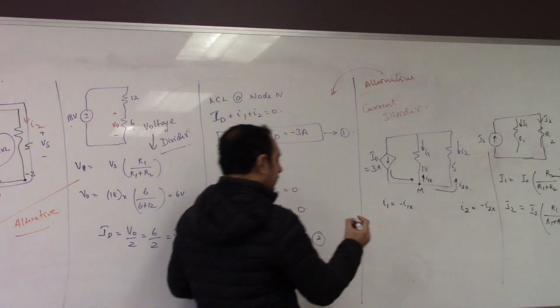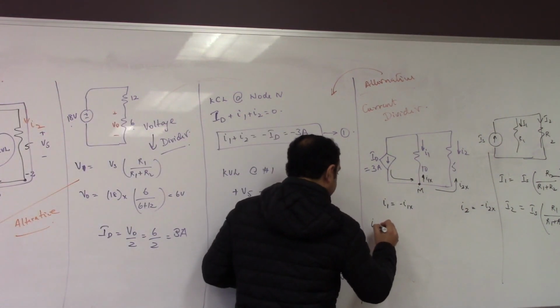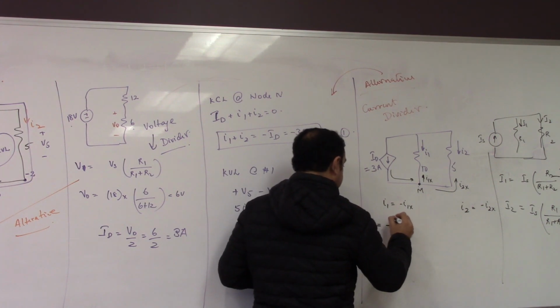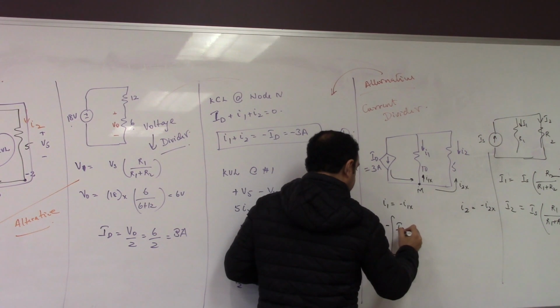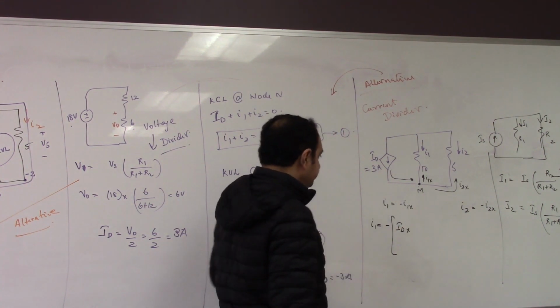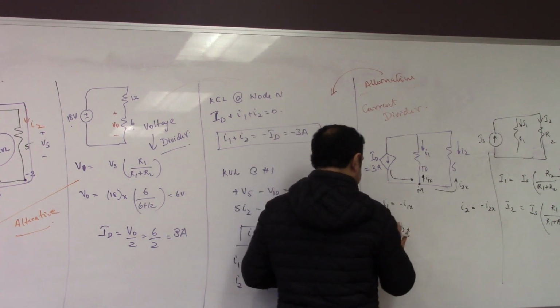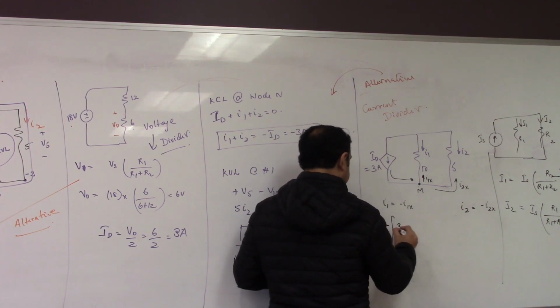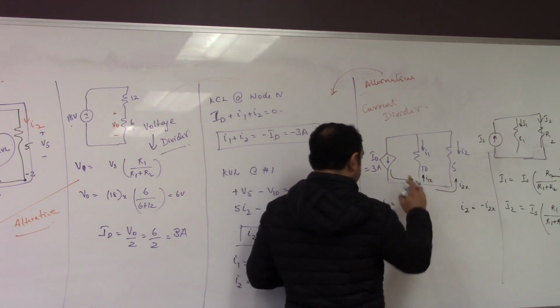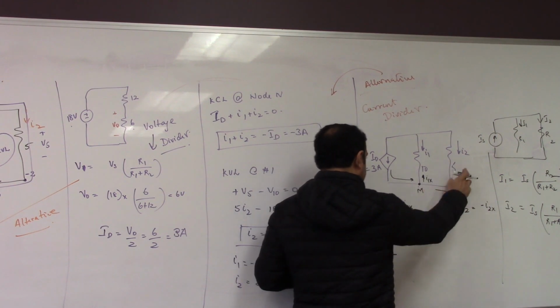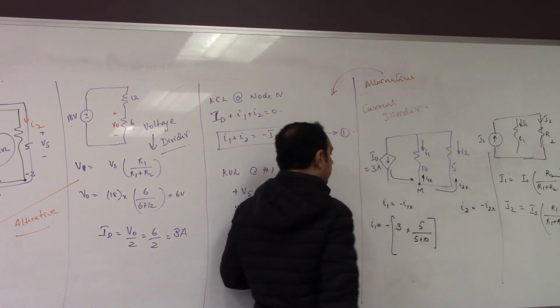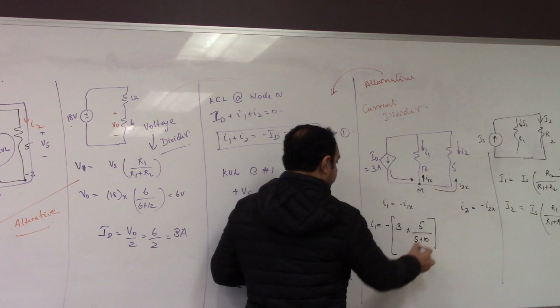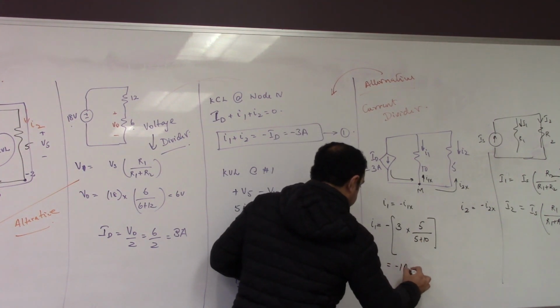So I1 will be equal to negative IX, where IX means the total current, times 3, times the opposite resistance. If I'm finding I1, I'll take this resistance 5, so this will be 15, and that will be equal to negative 1.